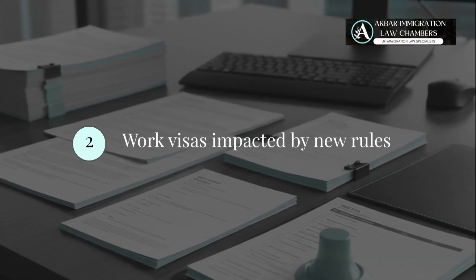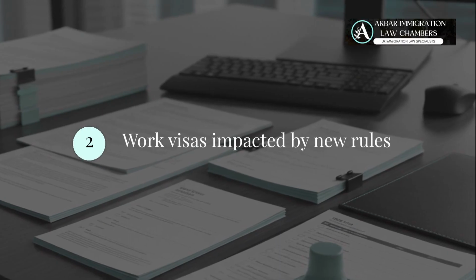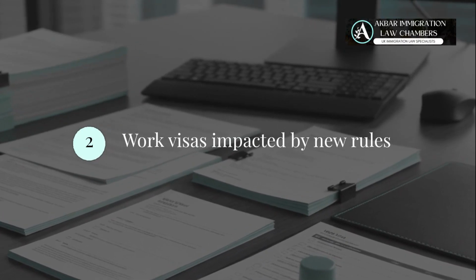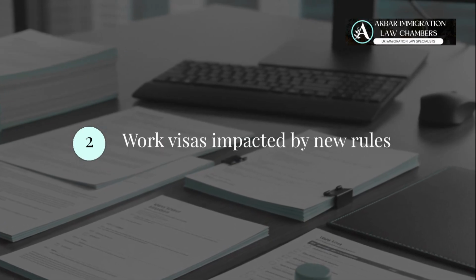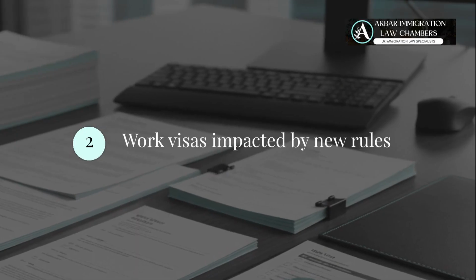Work visas: skilled worker, global talent, scale up, innovator founder. If you've changed jobs without permission, breached visa conditions, or have any compliance issues, Part Suitability determines whether you're refused.